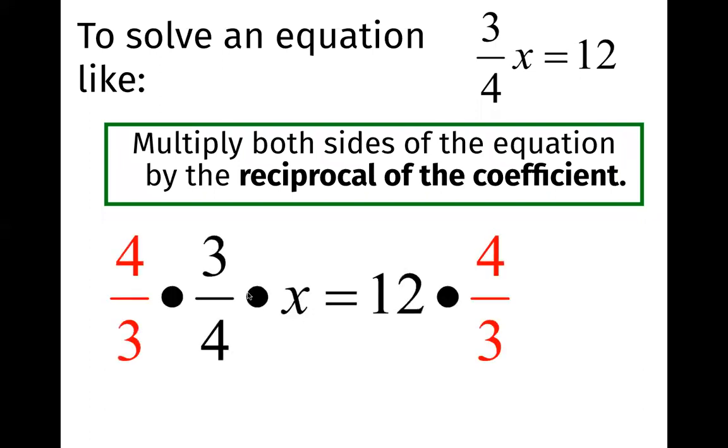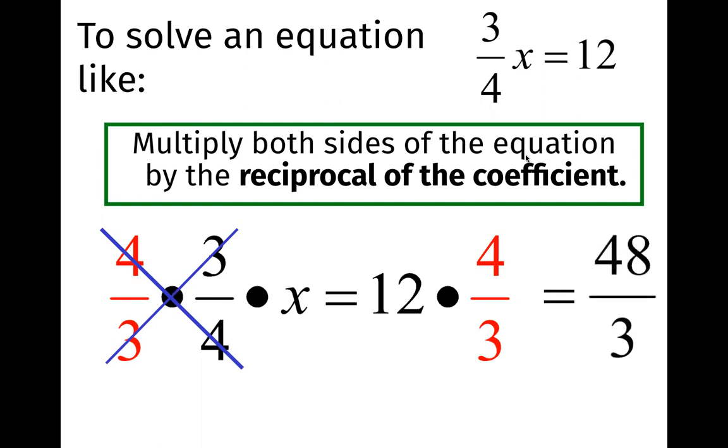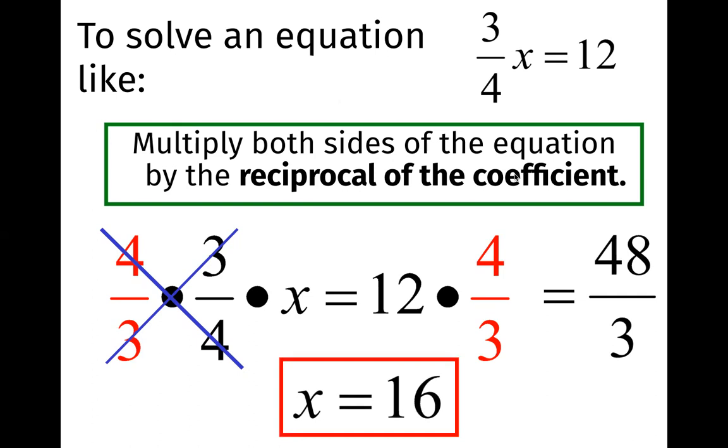So in this case, it would be 4/3. You can see here that 3/4 and 4/3 will cancel one another out. So you're left with just x. And then 12 times 4/3 would equal 48 over 3. And your x value would equal 16.